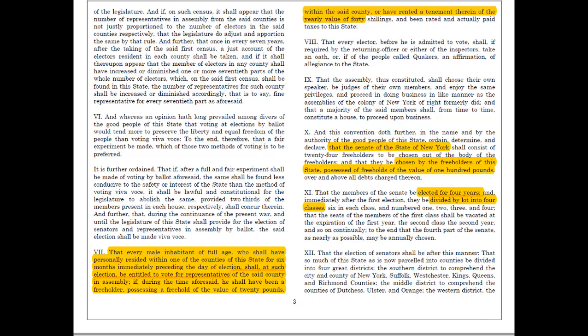So a substantially larger requirement in order to vote for senators, right? Whereas to vote for representatives in the Assembly, you have to have a freehold valued at 20 pounds, in order to vote for members of the Senate, you have to possess a freehold valued at 100 pounds, so 5 times greater, and no form of renting can qualify you for the right to vote.